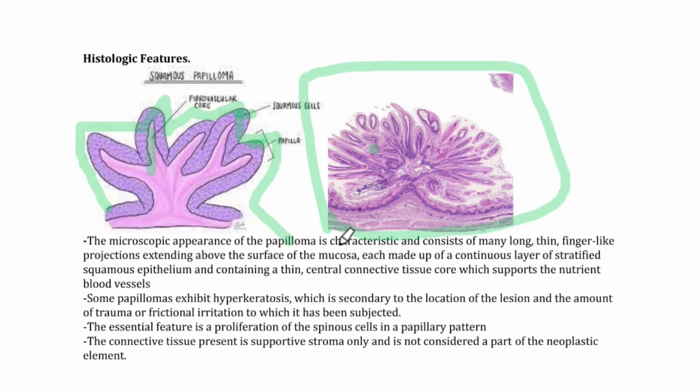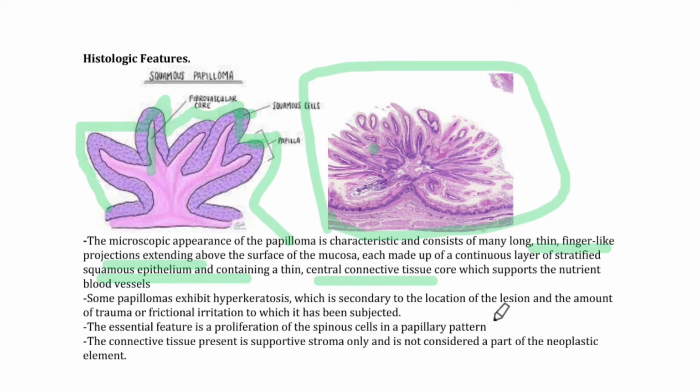The microscopic appearance of the papilloma is characteristic and consists of many long finger-like projections extending above the surface of the mucosa, each made up of a continuous layer of stratified squamous epithelium and containing a thin central connective tissue core which supports the nutrient blood vessels. This is what we saw over here.